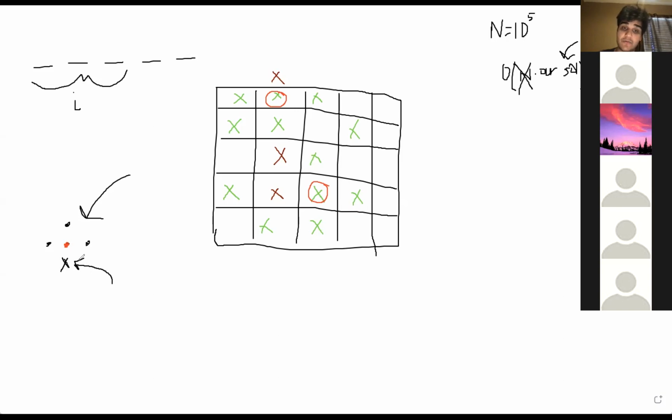I guess here's where we want to think about it. Okay, so how can we adapt our solution to handle this exact case?